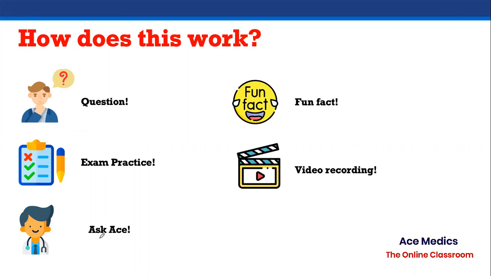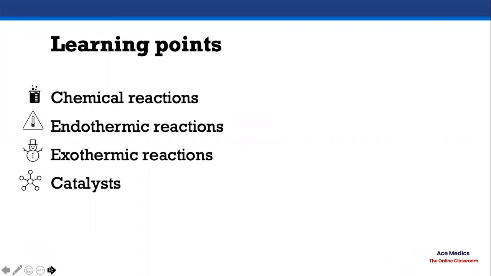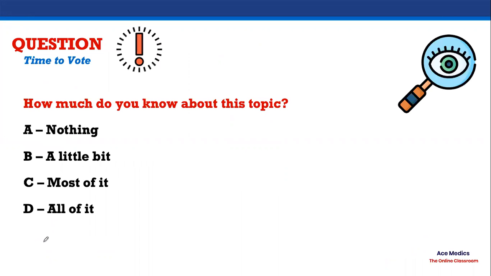We'll have fun facts, and don't worry too much about writing things down, because we are recording this session, so you will be sent the link to the video recording. If any of you want to come back and review this stuff again, you can have a look at the video recording. Like I said, these are the learning points for today. We're going to look at chemical reactions, endothermic and exothermic reactions, catalyst, and combustion as well.